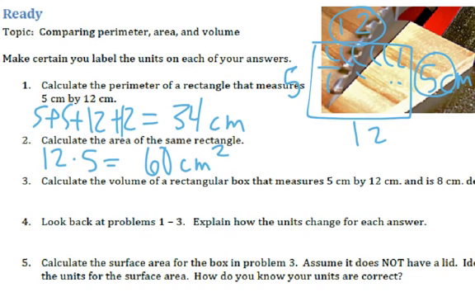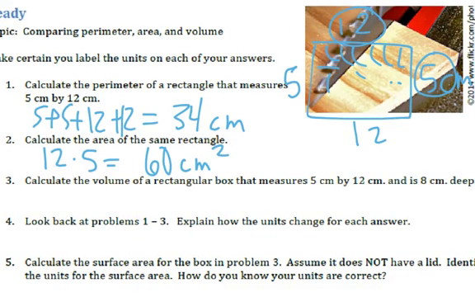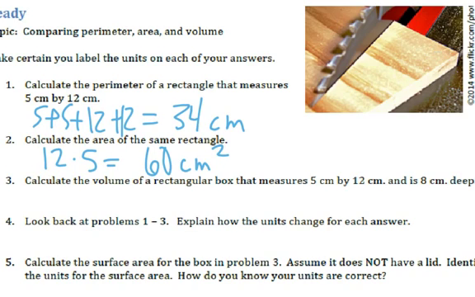Okay, now it says let's calculate the volume of a rectangular box. So now we're adding another dimension to it, right? Now it's not just a figure, it's a solid. So our same rectangle, this time we've made it into a box.